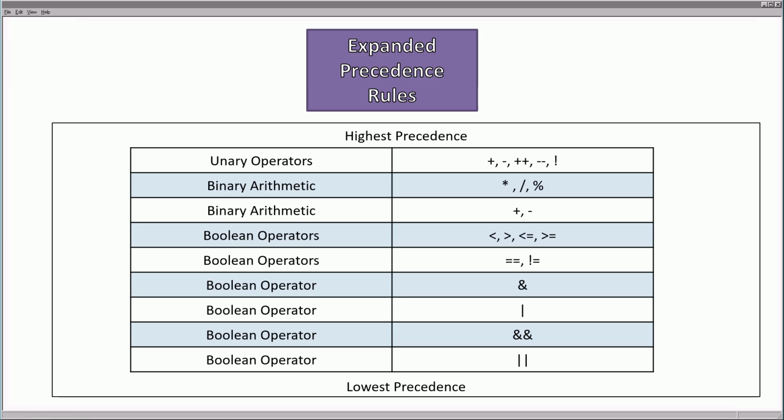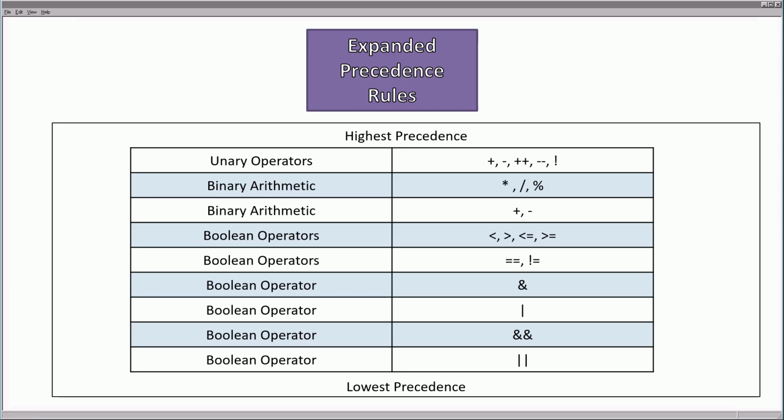The other unary operators are plus plus, minus minus, and the not operator. From there, we have binary arithmetic operators, which in this case are multiplication, division, and mod. We also have another classification of binary arithmetic operators that is plus and minus.